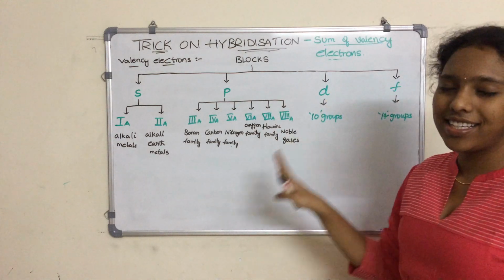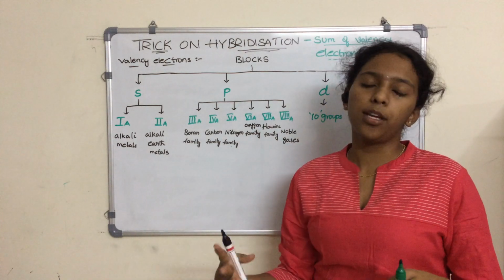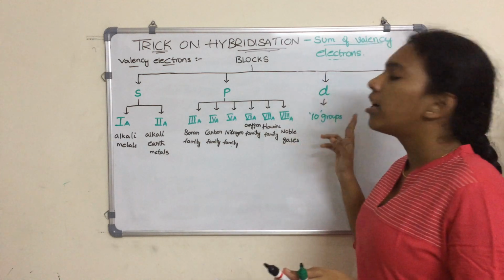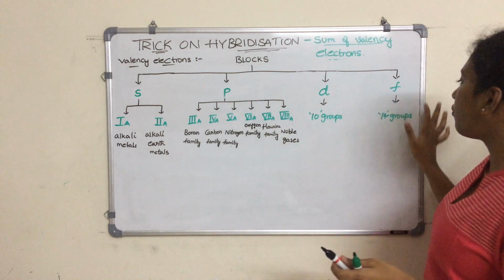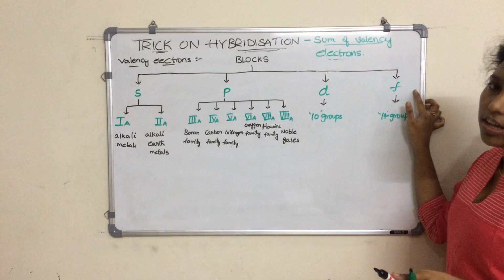There are no particular names for the D block, which has 10 groups, whereas there are 14 groups in the F block.